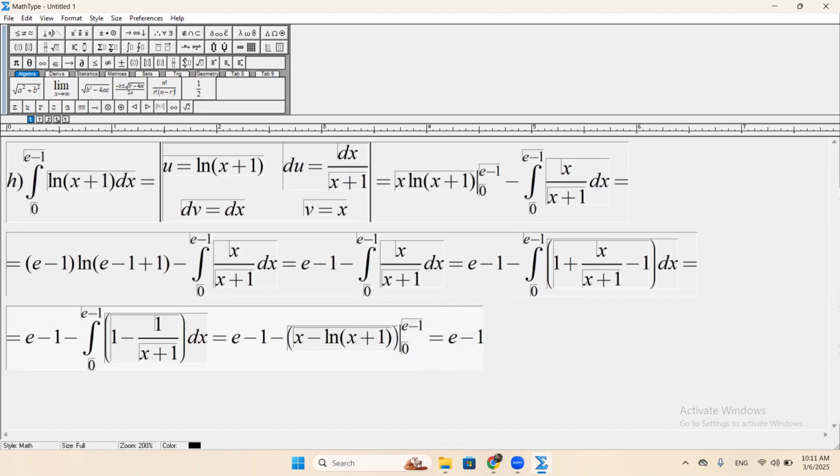So e minus 1 minus, e minus 1 minus 1. And if I substitute 0, this expression will be equal to 0. So 0 minus logarithm of 1. If we expand the brackets, we will receive only 1. And this is the final answer. Any questions about this exercise?